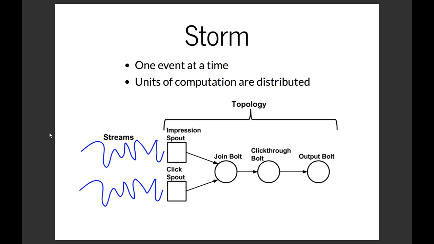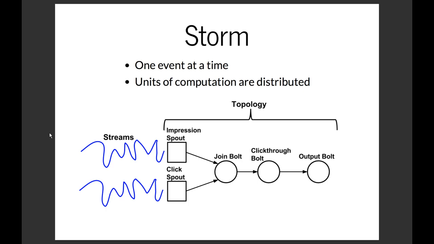It's what do I do when I get a new event, and that happens one at a time. The nice thing is you don't have to wait on the microbatch length either. If you're getting 100 events a second, that's what you'll get with Storm, whereas with Spark Streaming, you're not going to get them until that microbatch length is done.